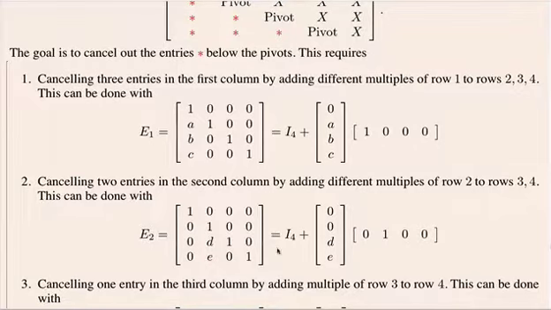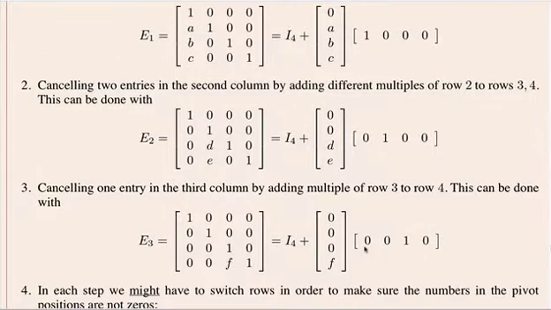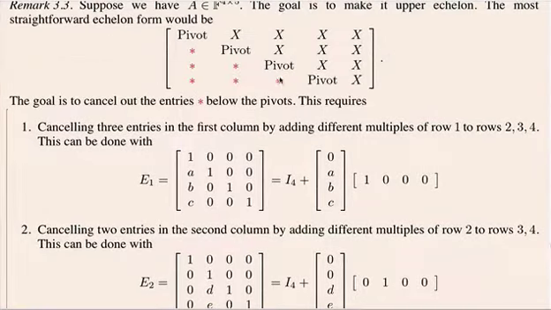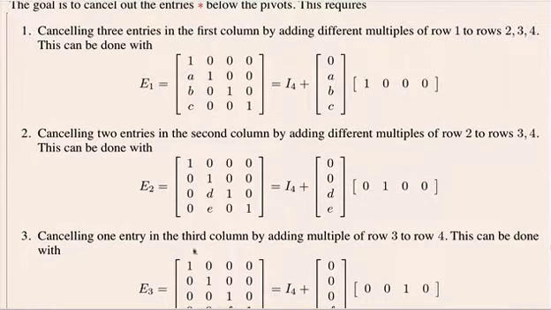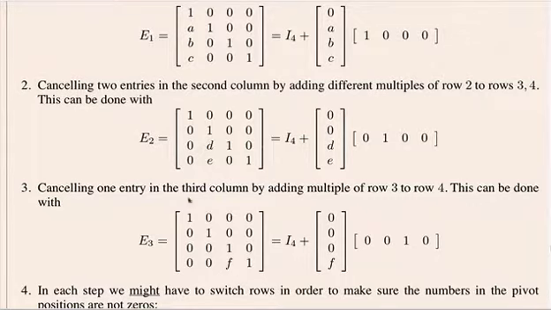Again, this can be obtained by adding to the identity matrix the product of 2 vectors that creates a 4 by 4 matrix. We also have to cancel 1 entry in the third column by adding a multiple of row 3 to row 4, and this can be done with this E3 matrix.